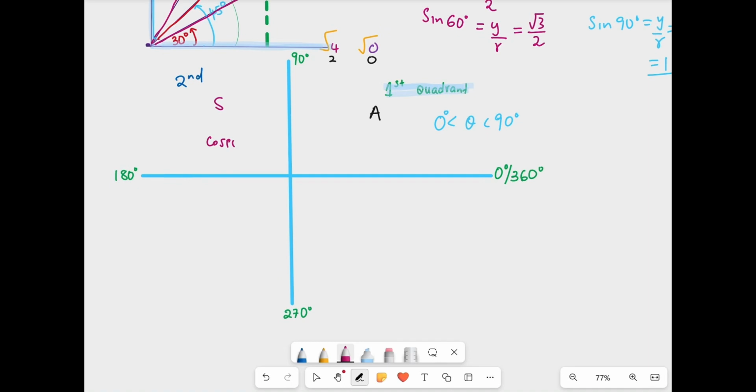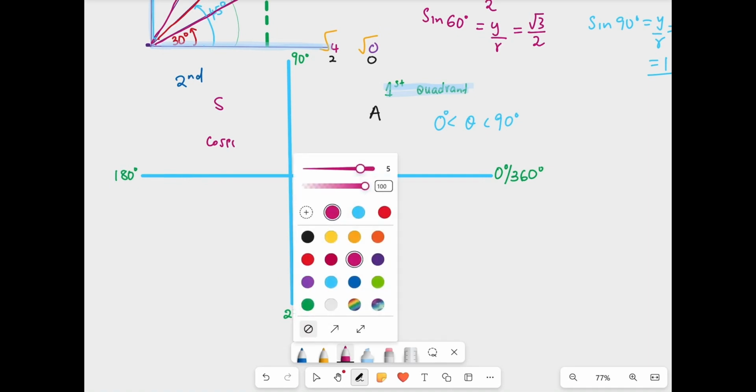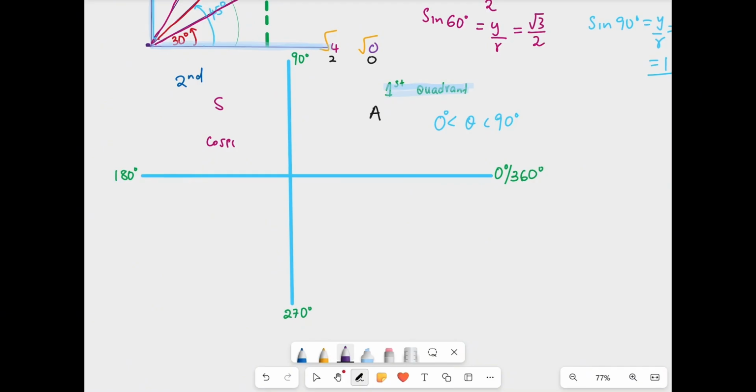And then here is our third quadrant. In the third quadrant, the only ratio that is positive is tangent, obviously with its reciprocal. So that means cot of angle theta is also positive in the third quadrant.